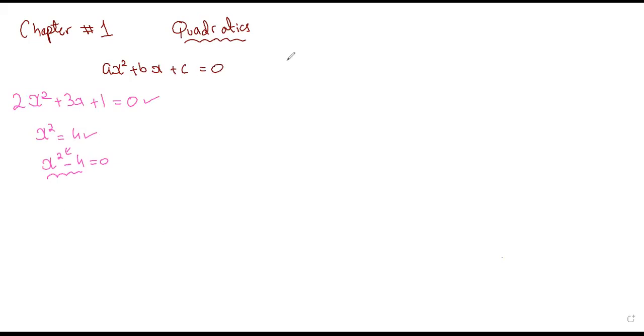Okay. Other than this, we know that, let's say if we have x plus 1 into x minus 1 equals 0. Now, apparently it looks like a degree is 1 because 1 is the power of x, but it's not the case, right?